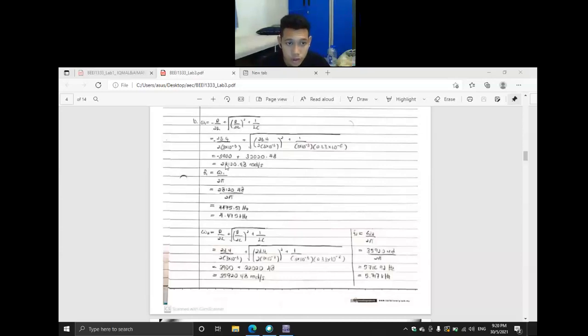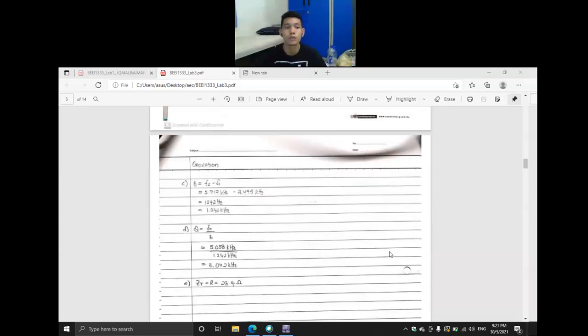Then we get the values. F1 is equal to omega 1 over 2 pi, while F2 is equal to omega 2 over 2 pi. Then you get both values, which are 4.475 kilohertz and 5.717 kilohertz.